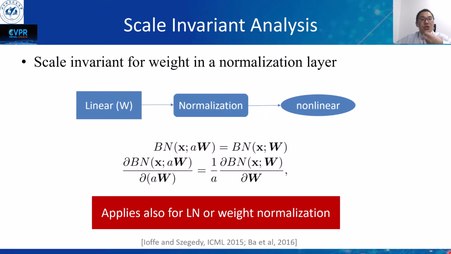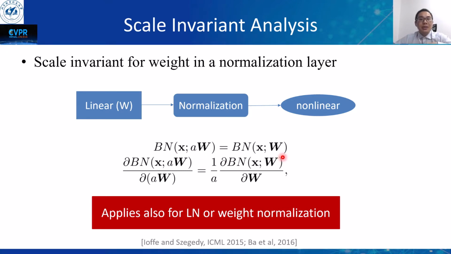One essential functionality of batch normalization is its ability to stabilize training. This is mainly due to its scale-invariant property. That is, it does not change the prediction when rescaling parameters, and works by adaptively adjusting the learning rate in a layer-wise manner. Specifically, in a linear normalization and nonlinear analysis of a network, if we multiply the weight W by the scale a, the output does not change.